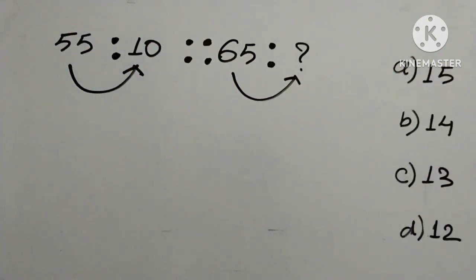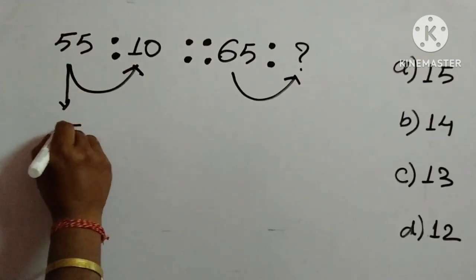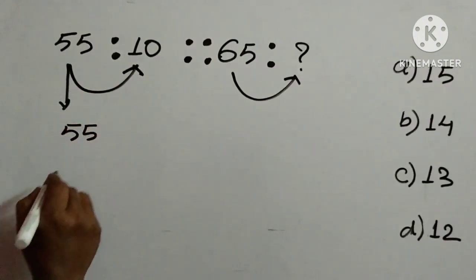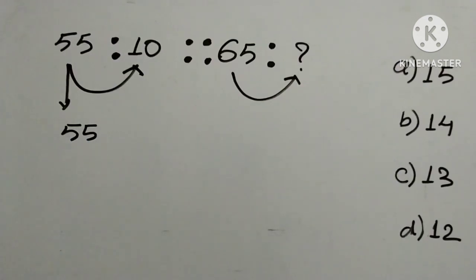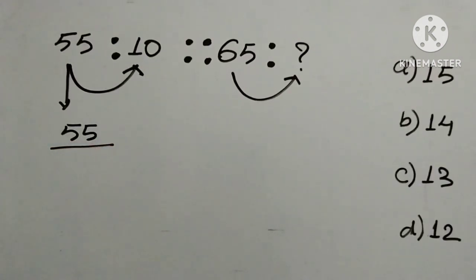Either we divide it. So we will try it out: we will take 55 and divide. Now as the number is 55, we will pick a number which will divide it completely. Don't pick a number which will leave a remainder, otherwise we will not be able to solve this one.